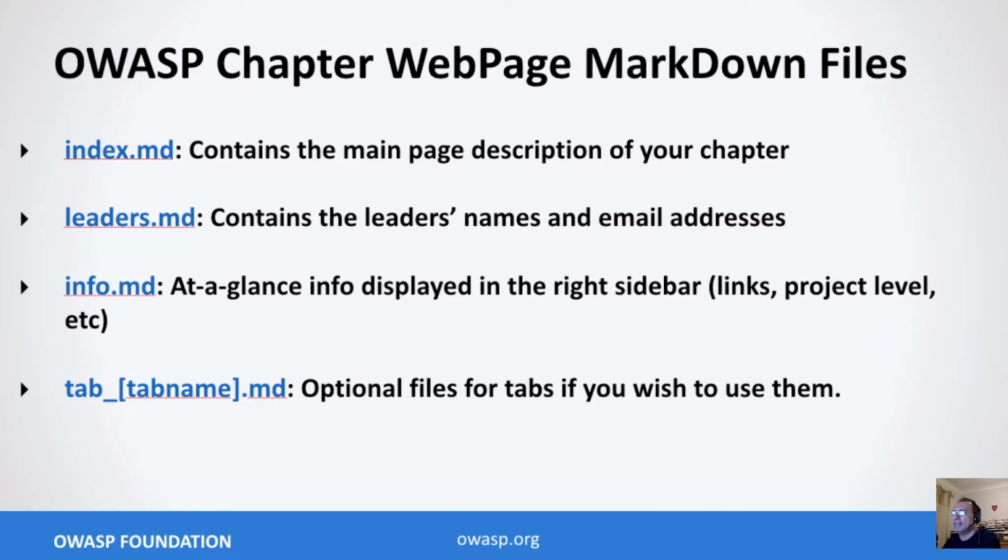Info.md is at a glance information displayed in the right sidebar. It will contain things like your meetup group and also social media links. Tab_example.md contains an example of a tab for a tab structure. Please note that tabs are optional.